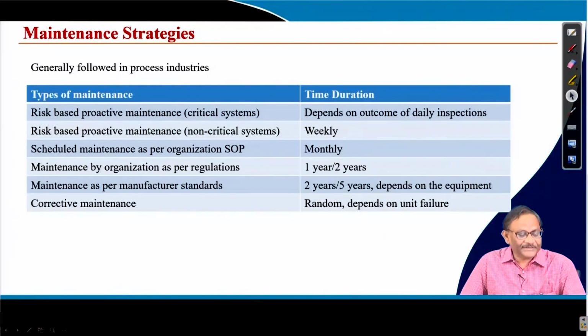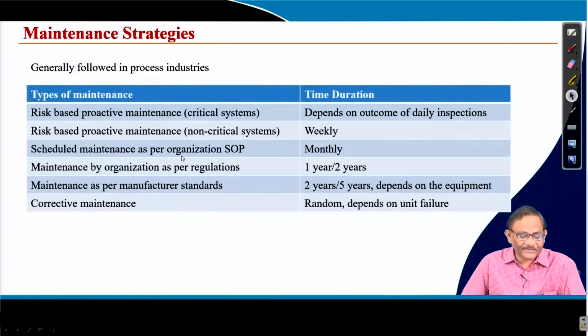Similarly, for maintenance strategies, risk-based proactive maintenance depends on the outcome of daily inspection, that is, the frequency or interval at which you will do it depends on the outcome of the inspection. Then risk-based proactive maintenance for non-critical systems is usually weekly.